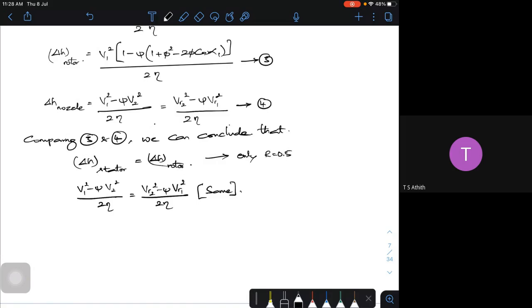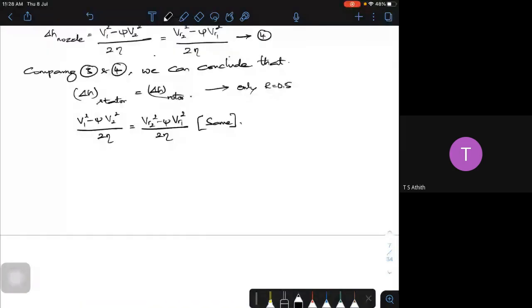Now, if I write it combined, the enthalpy drop for the stage. The stage means delta H stator plus delta H rotor. So I can write the same thing twice.